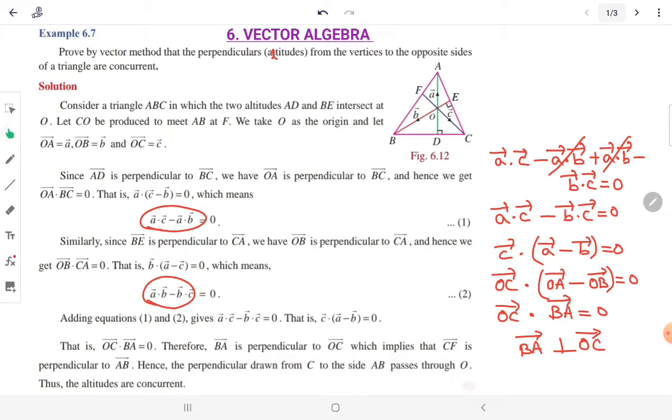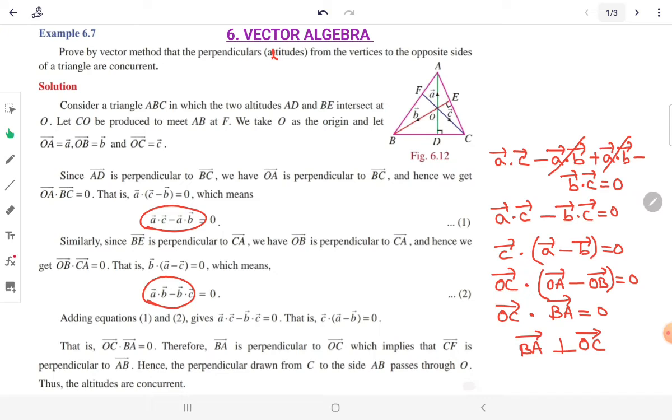Now see here, they must have done the same thing. So BA is perpendicular to OC, or I can say even CF. So OC is perpendicular to BA. We can also say that CF is perpendicular to AB.